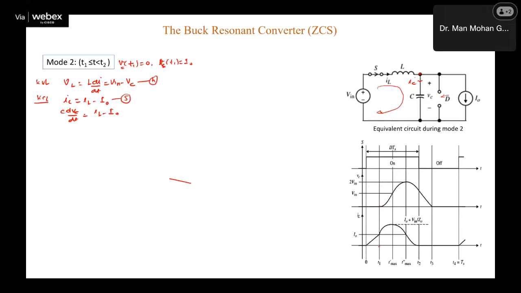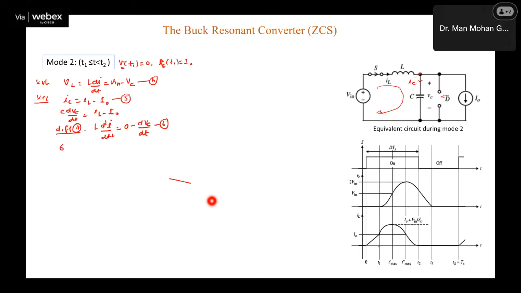So if I differentiate this 4, then what I get? L d2I upon dt2. V in is constant, so that will be 0 minus dVC by dt. If I put now, so this is equation 6.